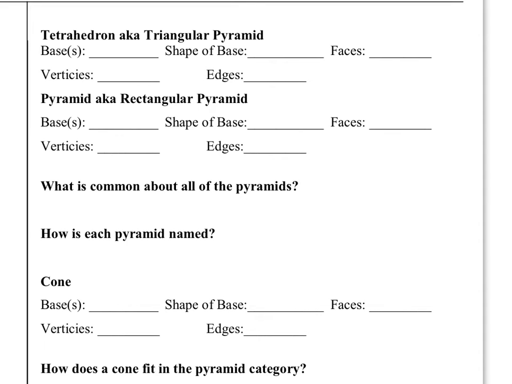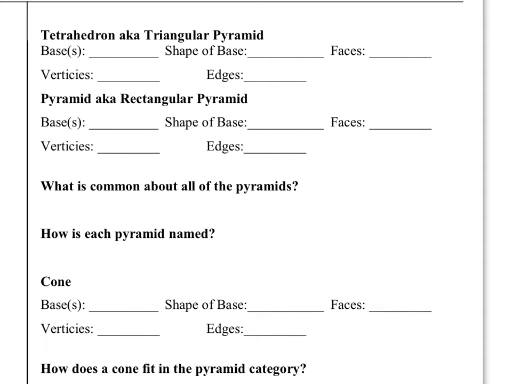Looking over here at our pyramids, we have two shapes left. One of them is a triangular pyramid, one is a rectangular pyramid. Please hold up in your hand the one that you believe to be the triangular pyramid. Okay, I see a couple of different things in the air.